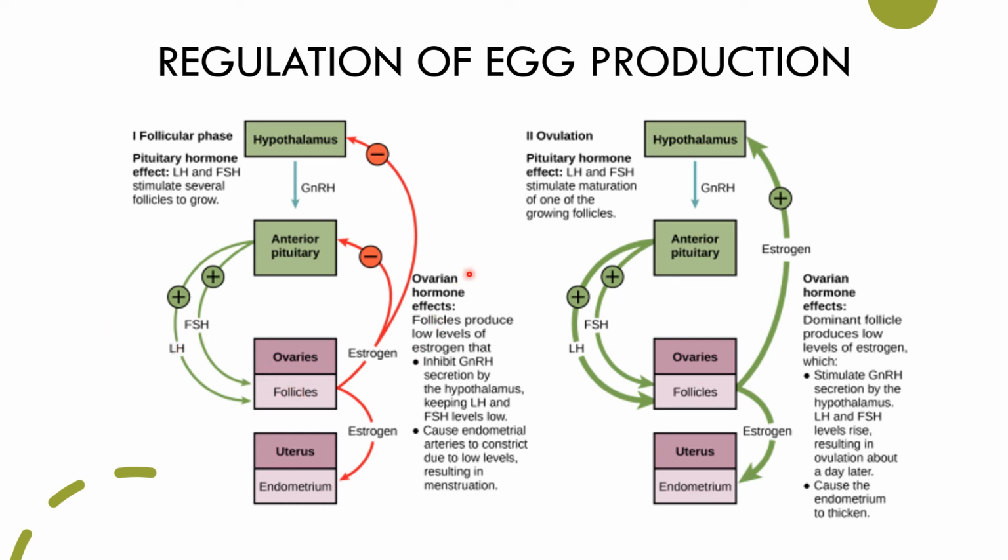Okay? So ovarian hormone effects: follicles produce low levels of estrogen that would eventually inhibit GnRH secretion by the hypothalamus, keeping LH and FSH at low levels, and cause endometrial arteries to constrict due to low levels, resulting in menstruation. And then the other one would be during ovulation. In here, you will see that the hypothalamus produces GnRH, affects the anterior pituitary.